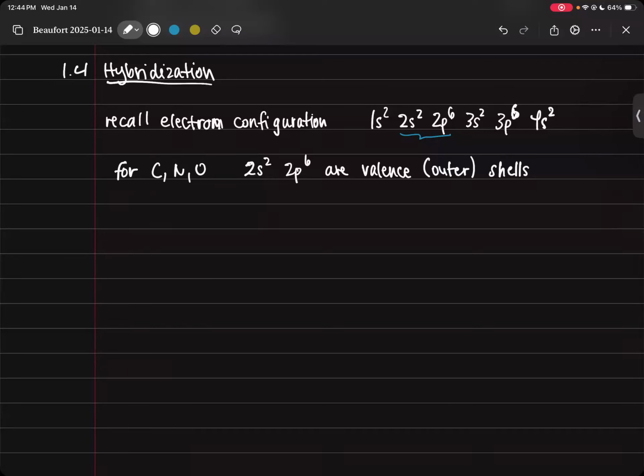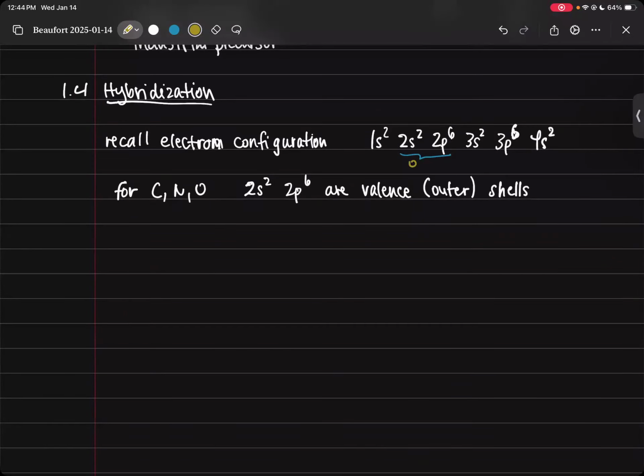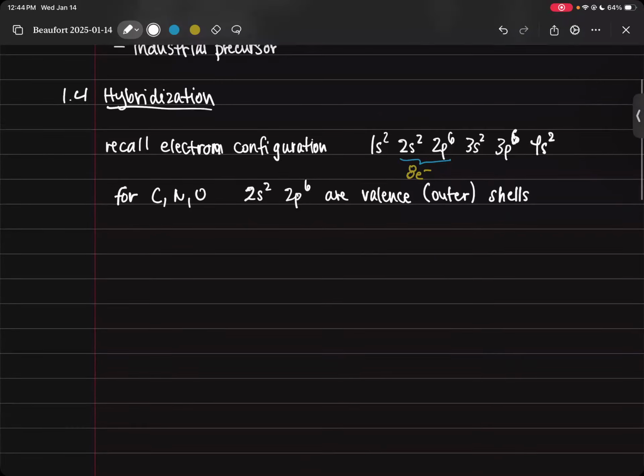Those are the electrons that move around and do the interesting stuff. 2s2, 2p6, at least when they're full, is a total of 8 electrons, which is an octet. That's kind of how we get our octet. It's from those 2 orbitals.